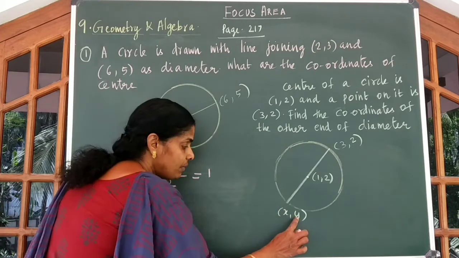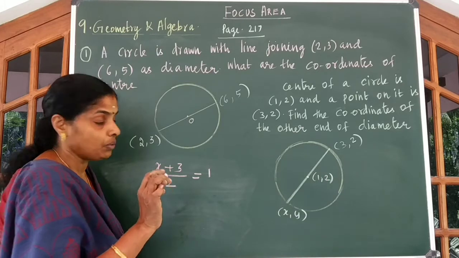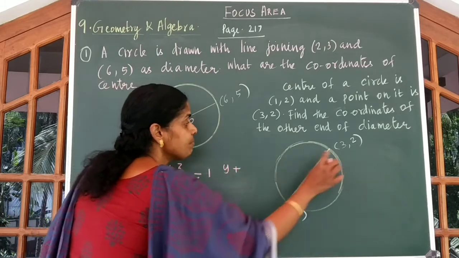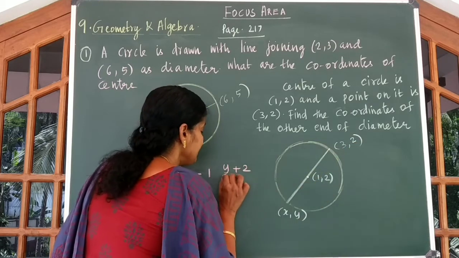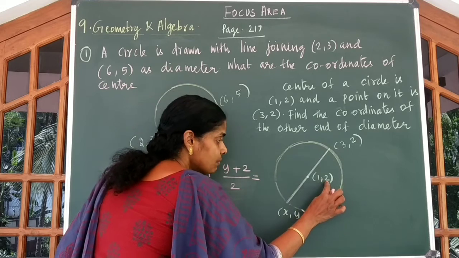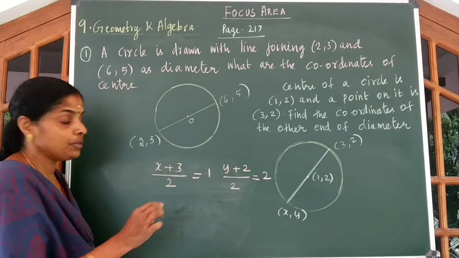Similarly, (y1 plus y2) divided by 2 is equal to 2. So here, (y plus 2) divided by 2 is equal to the y coordinate, which is equal to 2. Is it clear to you, children?